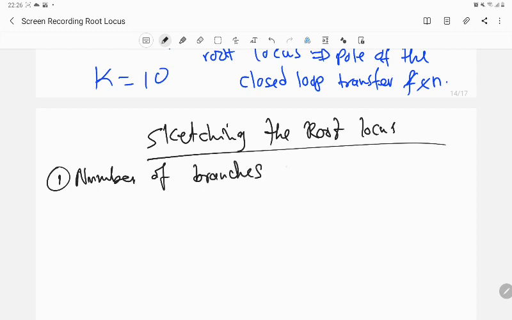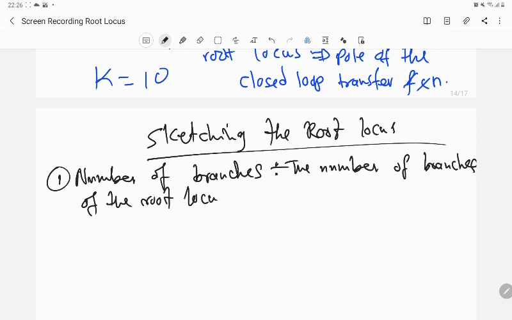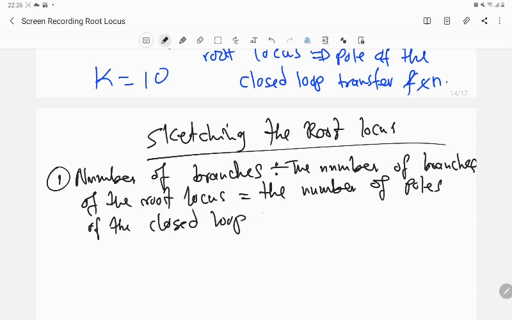This states that the number of branches of the root locus equals the number of poles of the closed loop system.